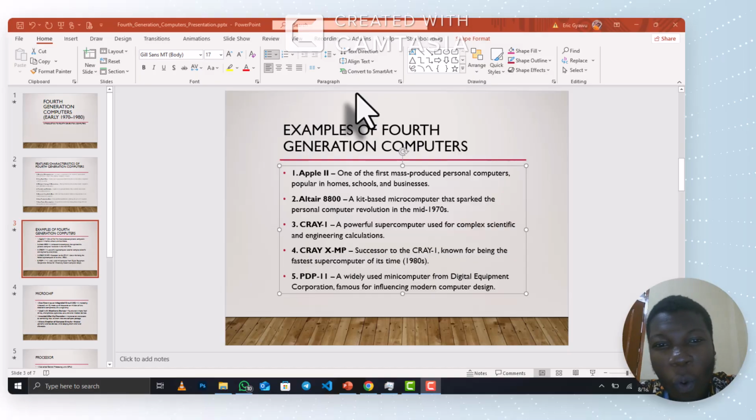Also, we are having a PDP-2, also known as the program data processor, sorry, program data processor 2, a widely used minicomputer from Digital Equipment Corporation, famous for influencing modern computer design. Thank you.